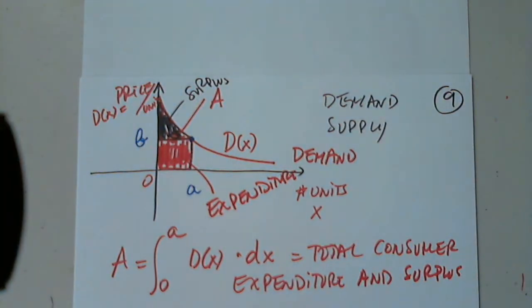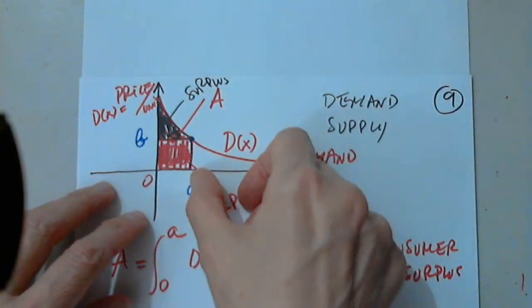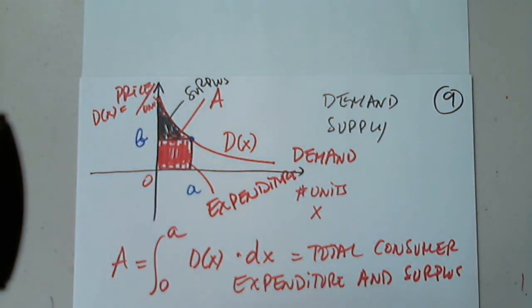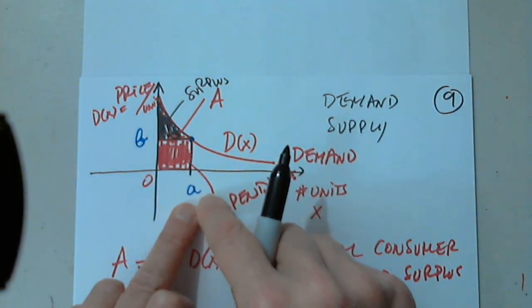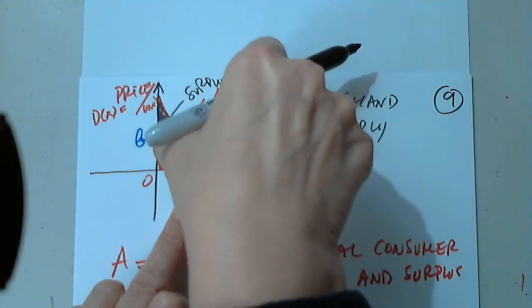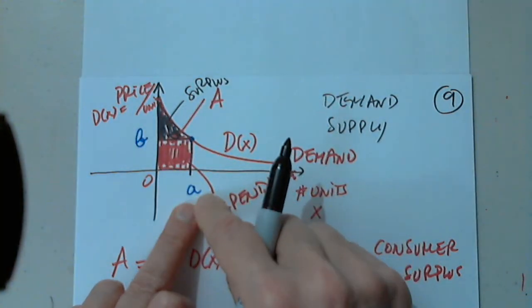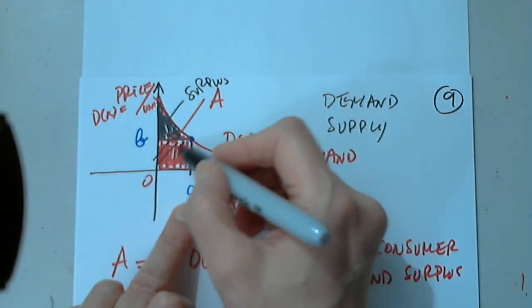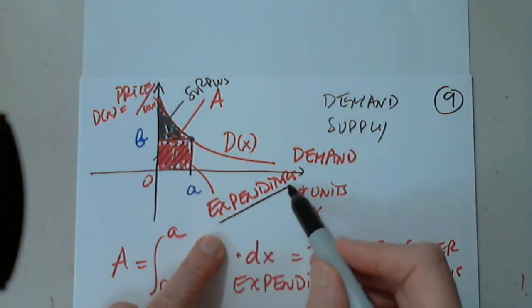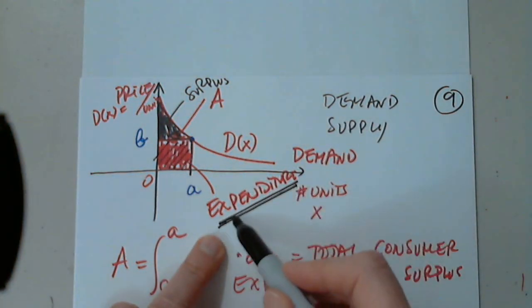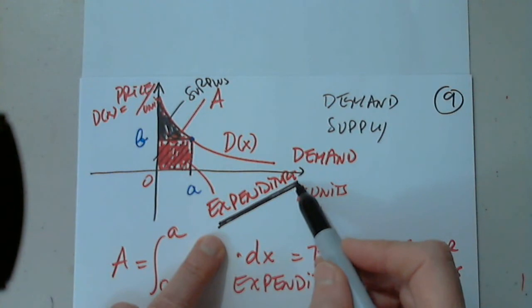Okay, let's analyze what this means. So for this number of units, I will pay B per unit, and this product, A times B, is my total cost, my total expenditure.